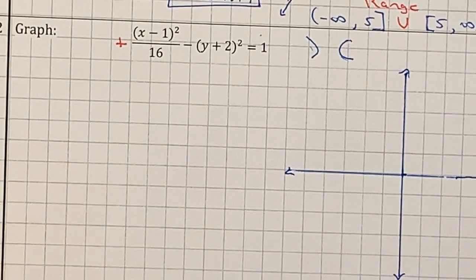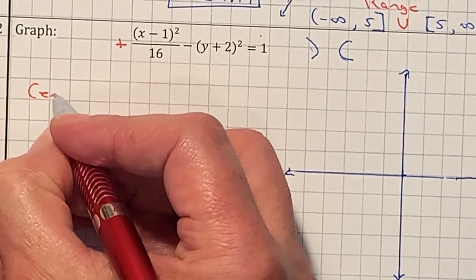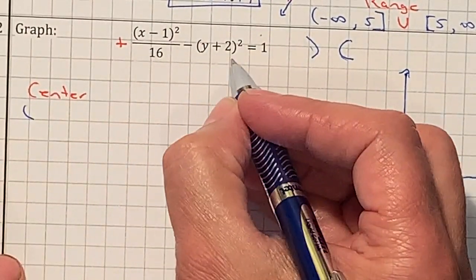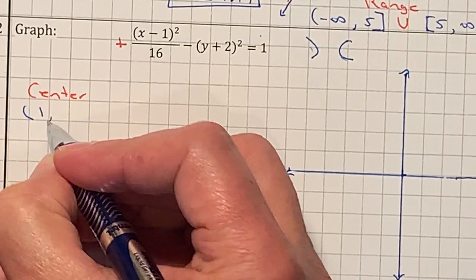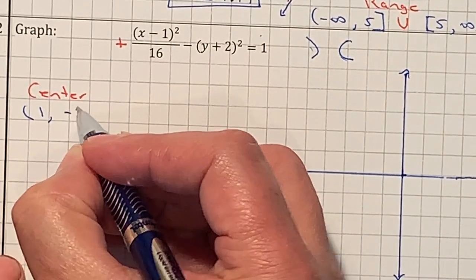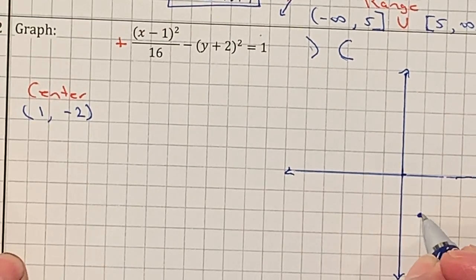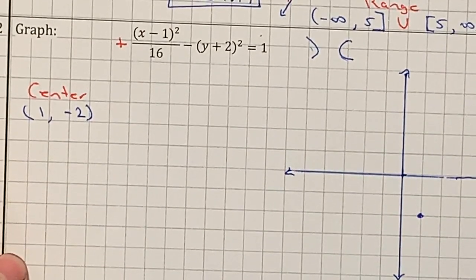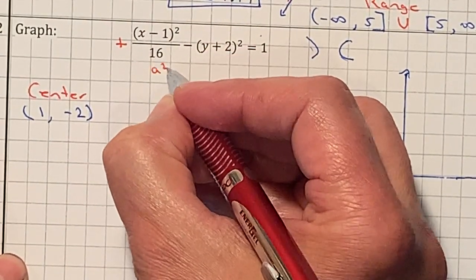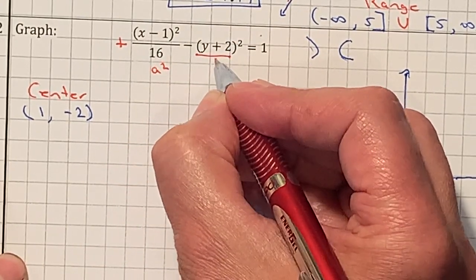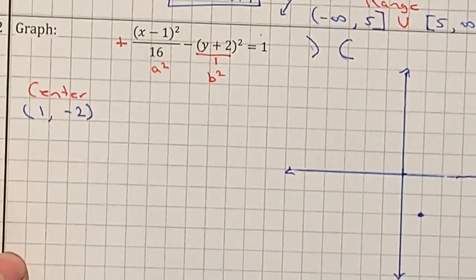Excellent. So at this point, you should have all your components. We know our center is going to be H is positive 1 and K is negative 2. So positive 1 and negative 2 is here. A squared is 16 and there's nothing underneath the y, so there will be 1, so therefore b squared will be 1.